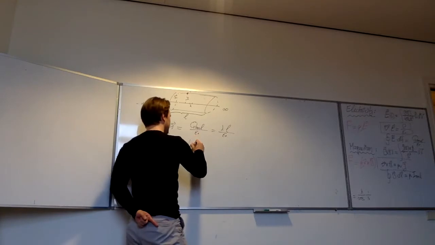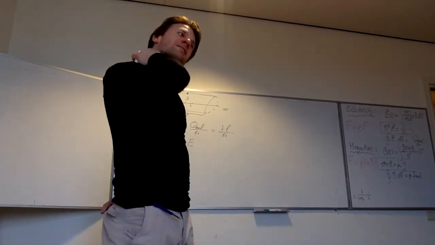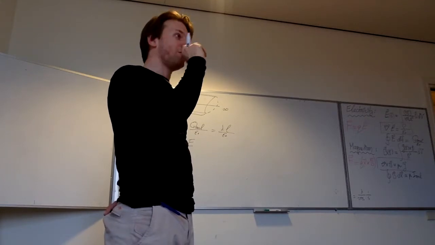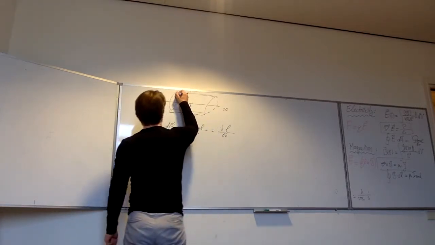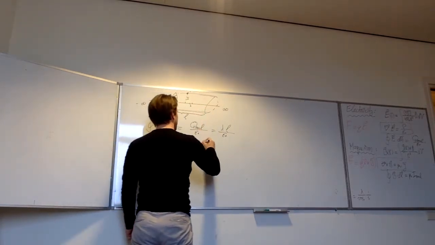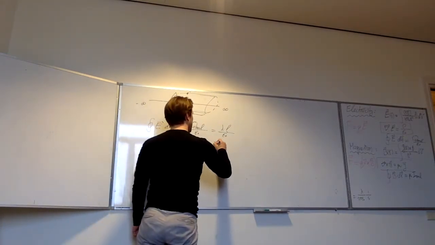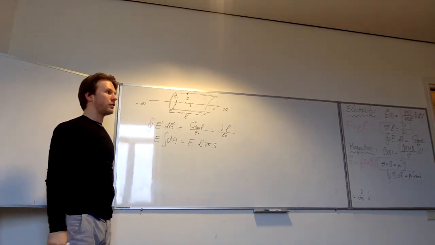Now the surface of the cylinder is circumference times its height. So it's L times the circumference, 2 pi times radius. Our radius is called s.